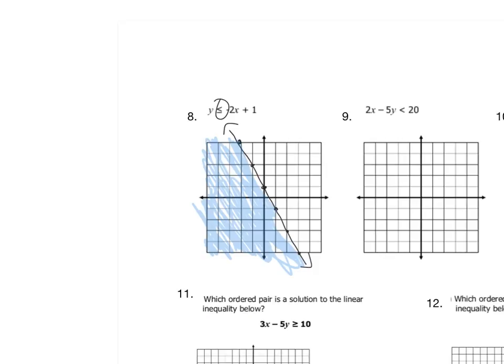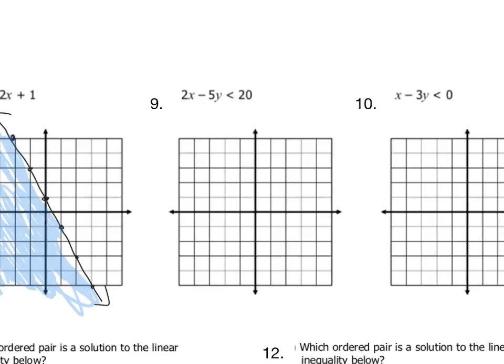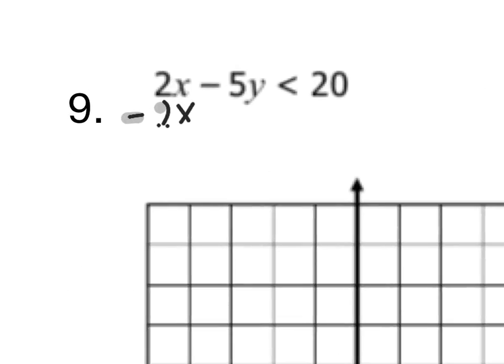Number 9. Number 9 is in standard form, so we'd first have to change this to slope-intercept form. So let's do that quickly. The first thing we'd want to do is subtract 2x on both sides. If we do that, we end up with -5y is less than -2x plus 20.